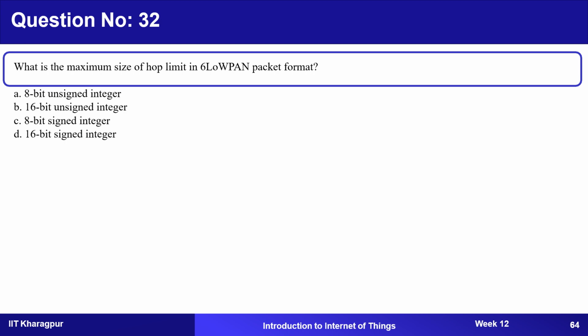Next question is, what is the maximum size of hop limit in 6-LoWPAN packet format? Options are 6-bit unsigned integer, 16-bit unsigned integer, 8-bit signed integer, 16-bit signed integer. C, ma'am. 8-bit unsigned integer.